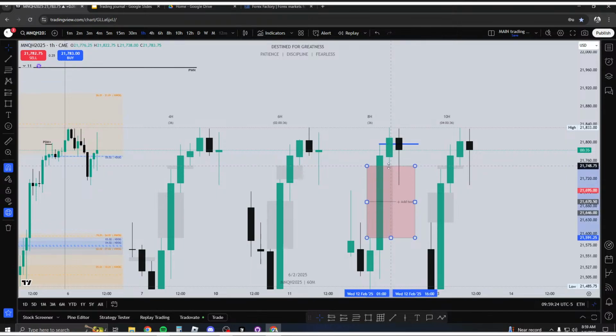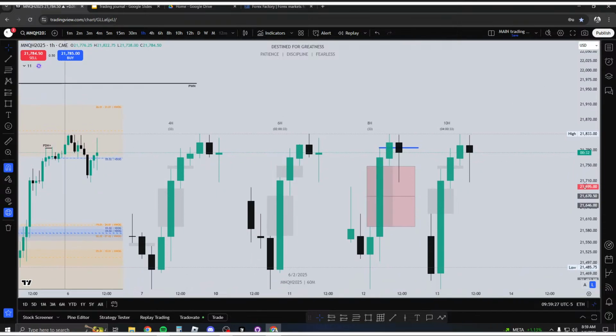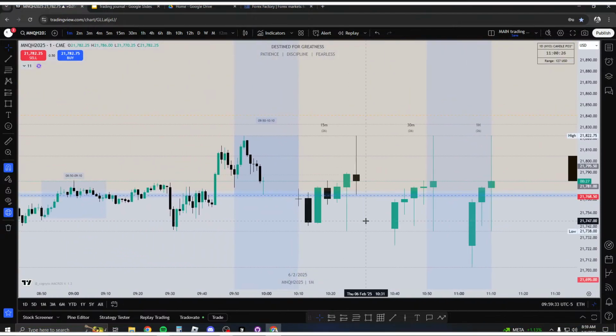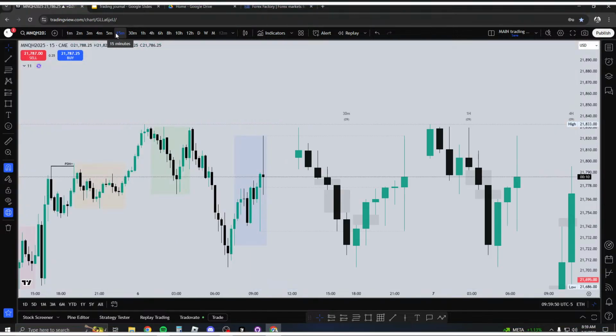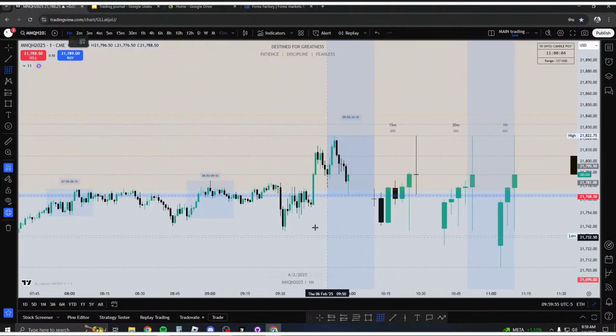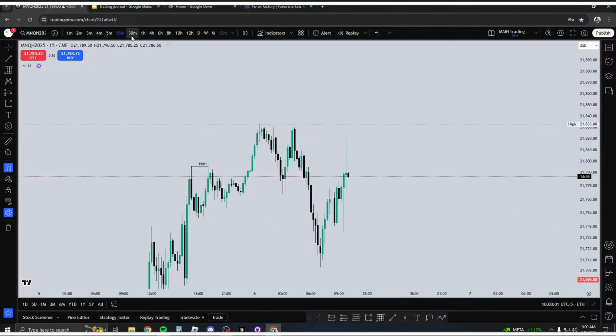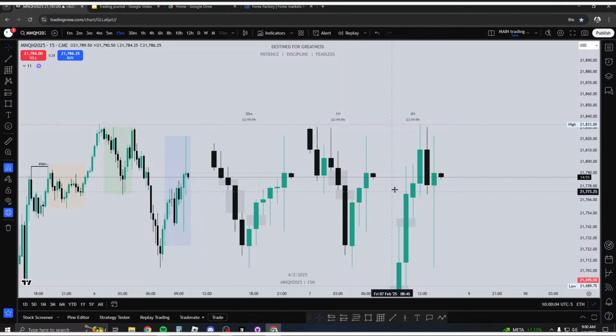So let's just wait 30 more seconds. Let's see where we close here on this 8-hour candle.